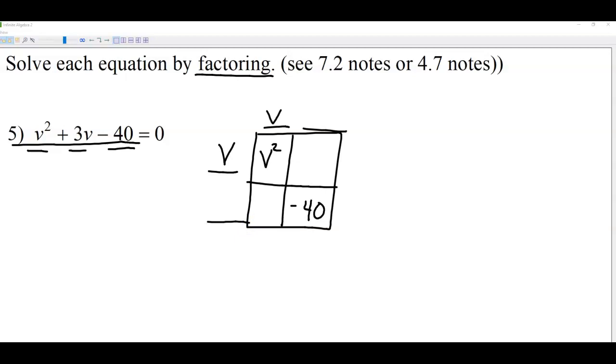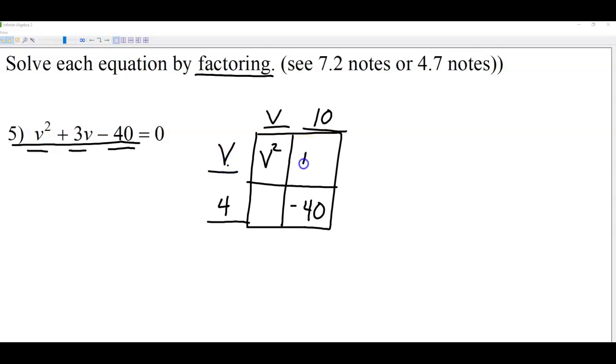What would that be? I've got to ponder for a second here. So let's try 10 and 4, which is probably what most of you guys are thinking. Now I'm going to say don't write that though, because I already know it's not going to work. But I want to show you why I know it's not going to work. So what we do is we fill in our box.